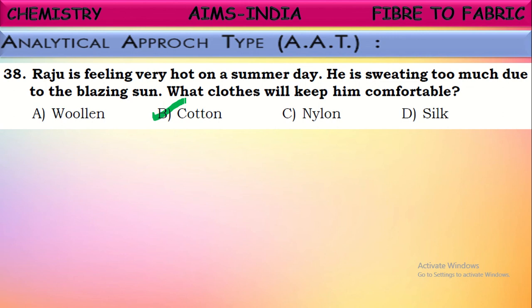So we have to use very thin cloths and which are having free airflow through them. They are cotton cloths. And even these cotton cloths absorb sweat much than the remaining all cloths. They absorb more water and so they allow coolness to the body. That's why cotton cloths are preferred in the summer season.